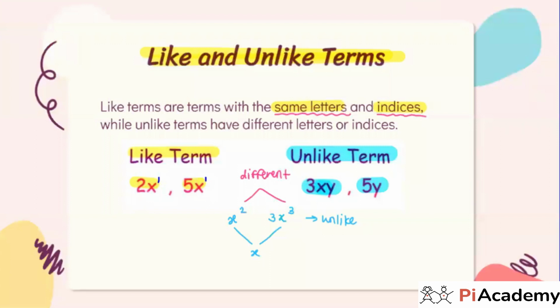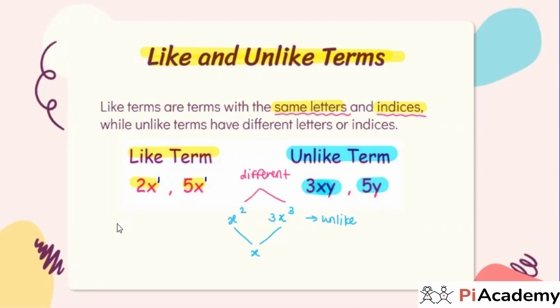Okay, and one more example. I'm going to ask Hani. Can you please tell me an example of unlike terms? An example of unlike terms would be 5xz and 4y. Okay, so I'm going to ask one more time.